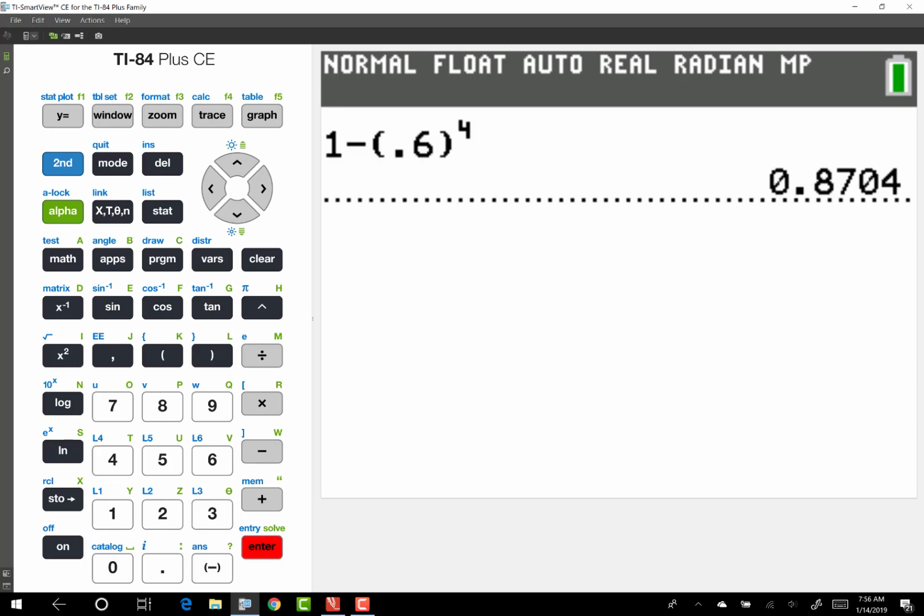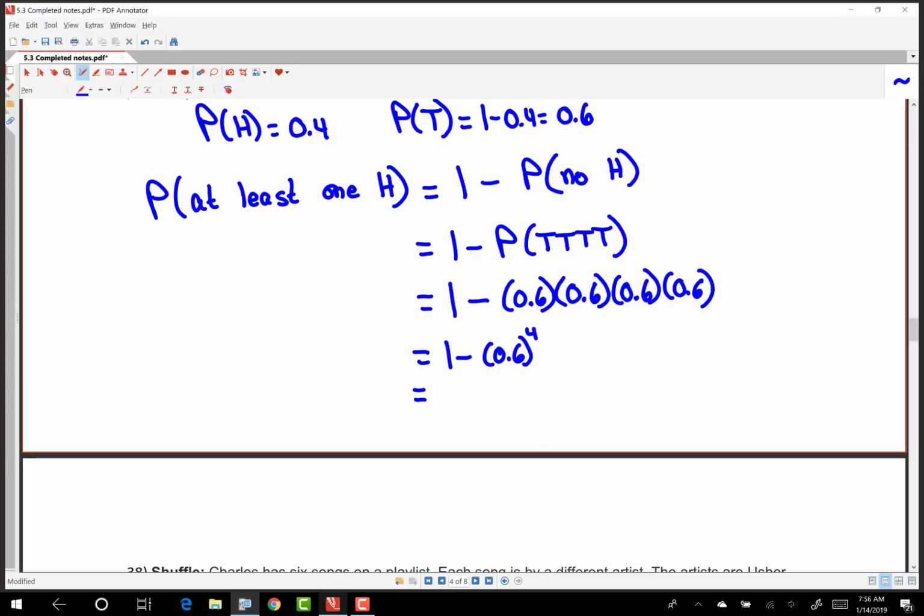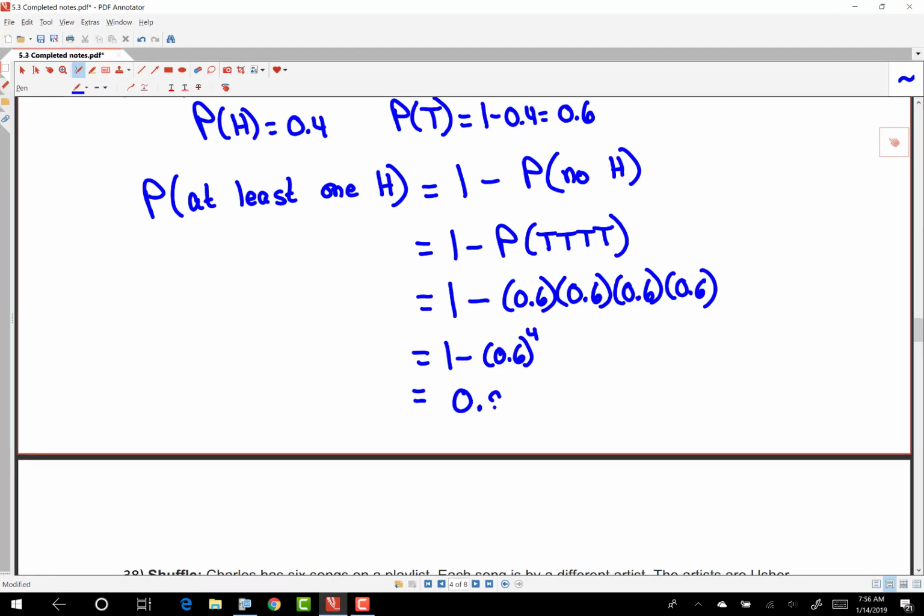And so that's 0.8704. So again, just remember that whenever you see this at least 1, you can change that to none and so use the complement, 1 minus. Don't forget the 1 minus.